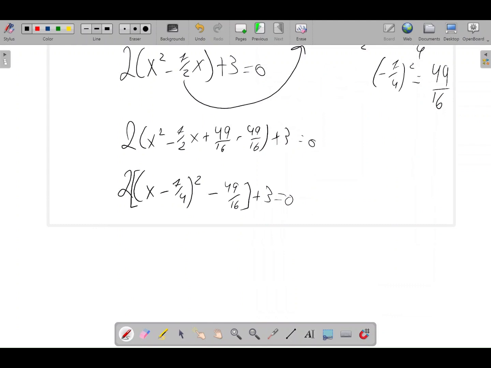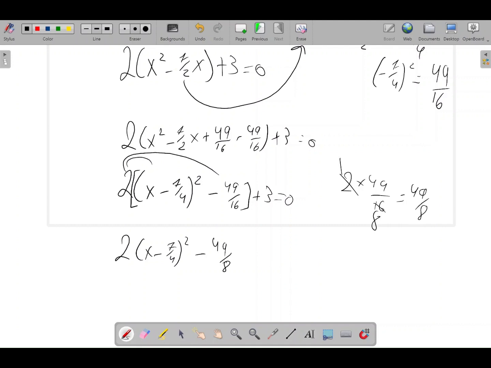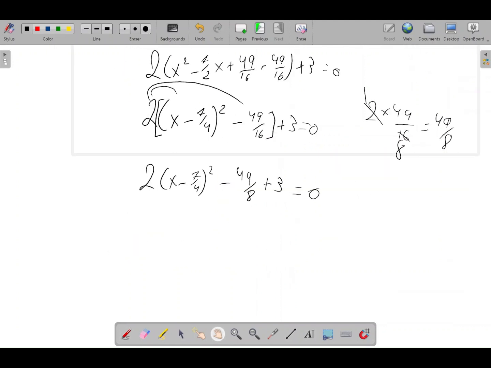Okay, so then you just distribute this in. 2 times x minus 7 over 4 squared minus, well, again, we're distributing now, 2 times 49 over 16, 49 over 8. Minus 49 over 8 plus 3 equals 0. Okay, we're going to take these to the other side. So, 2 times x minus 7 over 4 squared equals 49 over 8 minus 3.